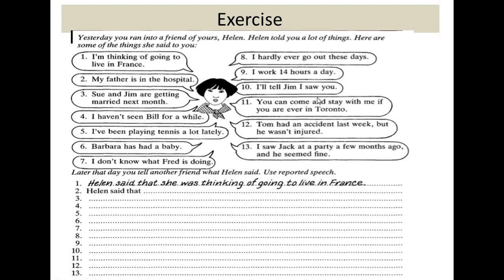I will tell Jim I saw you. So here we have past, and it can be past or past perfect. Okay, so Helen said that she would, will becomes would, she would tell Jim she saw him. Or Helen said that she would tell Jim she had seen him.